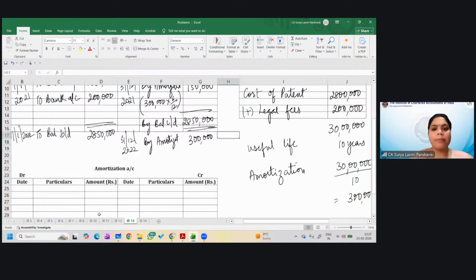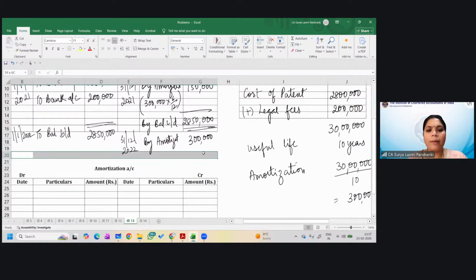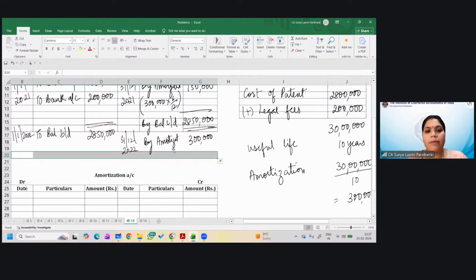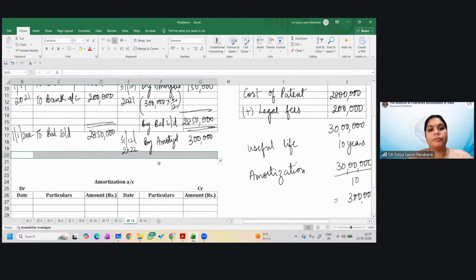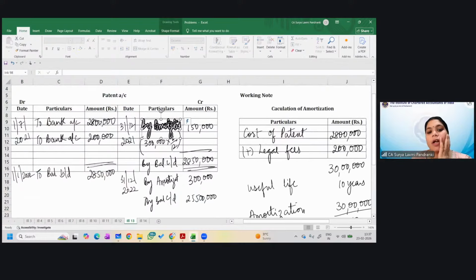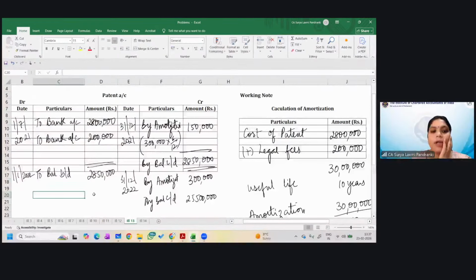Later on it will be for only complete year. So 3 lakhs. What is the balancing figure? Check the balancing figure. By balance carried down will be 25 lakh. Is this clear? Same way how we have done our machinery accounts only, same way we will do it, but the wording will change. It will not be depreciation, it will be amortization.